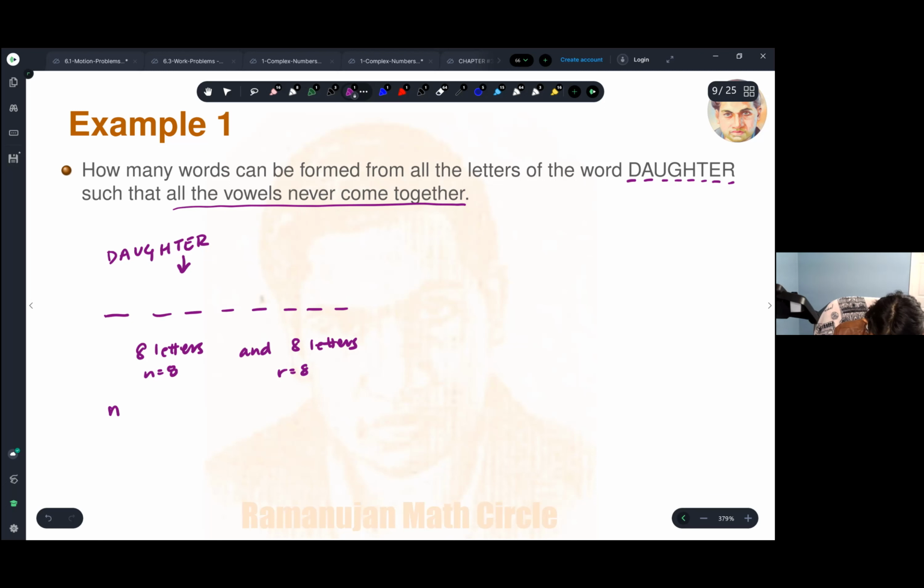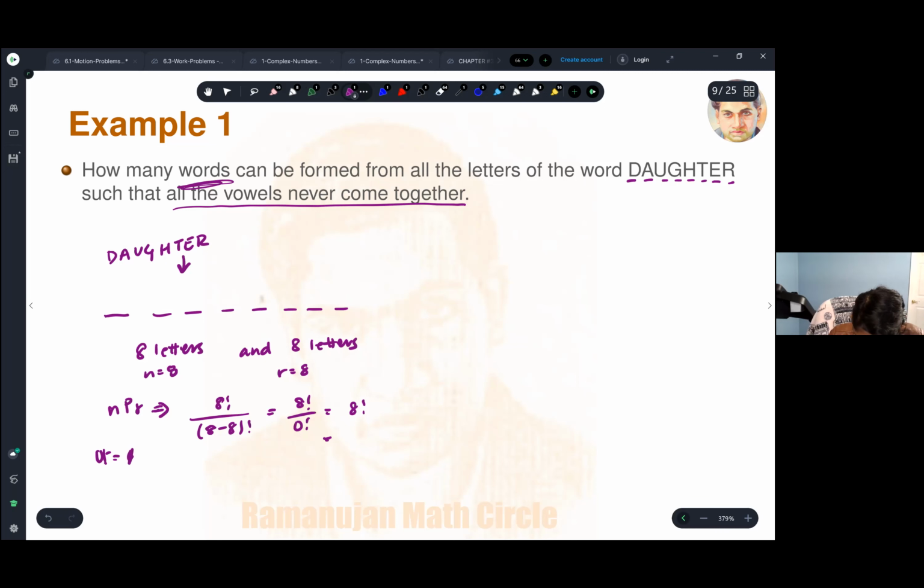Remember, arrangements matter, they're asking how many words, so it would be permutations. Order does matter. And that would be 8 factorial divided by 8 minus 8 factorial. So that's 8 factorial over 0 factorial, and that's 8 factorial, because remember 0 factorial is equal to 1.